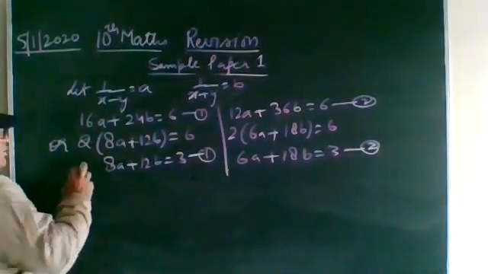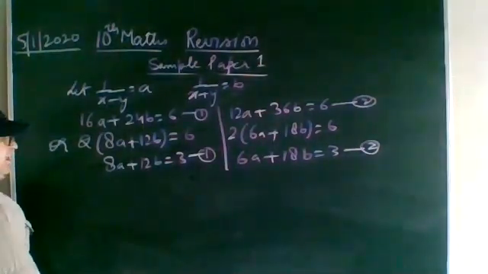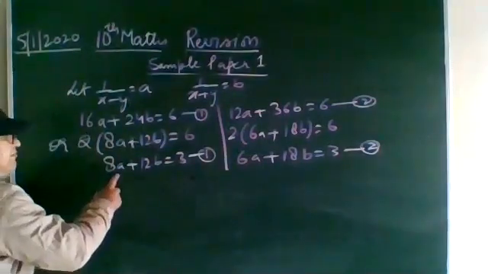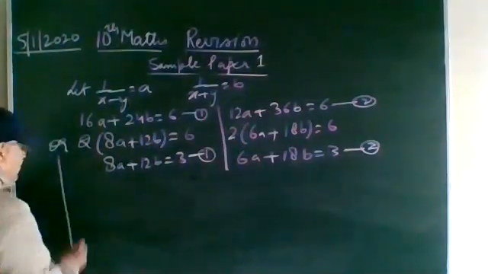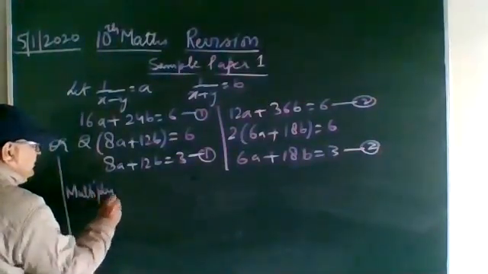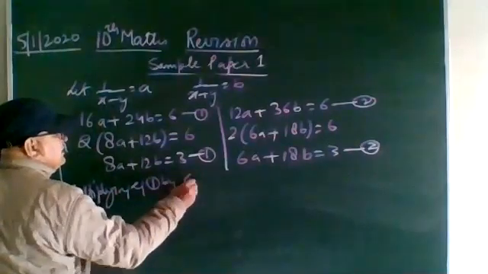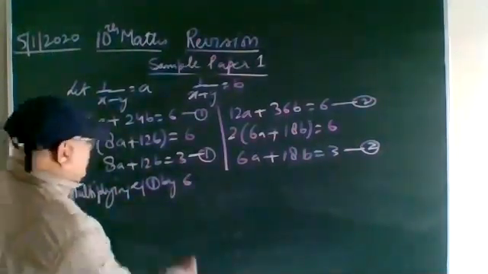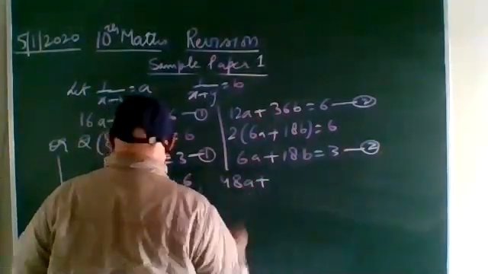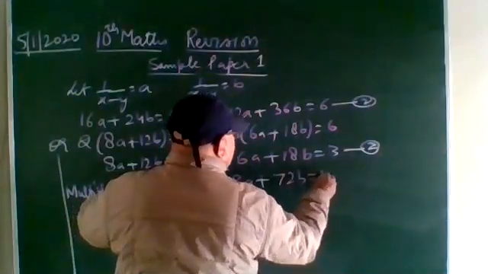Now you have to solve these two equations. I want to equate by the coefficient of a. So I will write: multiplying equation 1 by 6, what will I get? 48a plus 72b equal to 18.